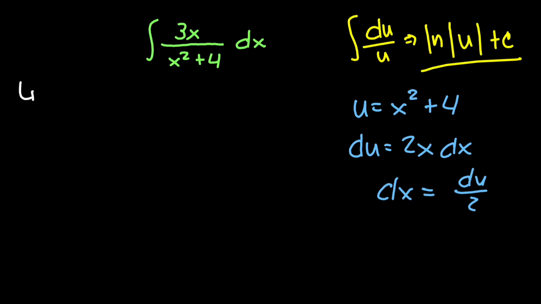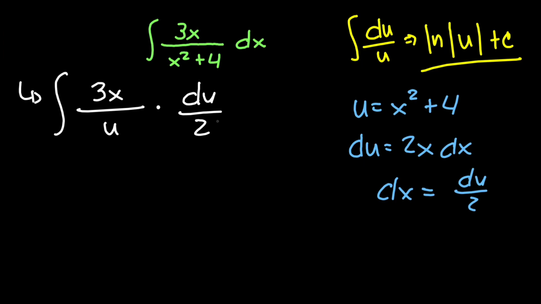Substitute the values. We would have the integral of 3x over u multiplied by dx, which is equal to du over 2x. Wait, this should be 2x. So the x right here will cancel, and you can put the constants outside the integral.